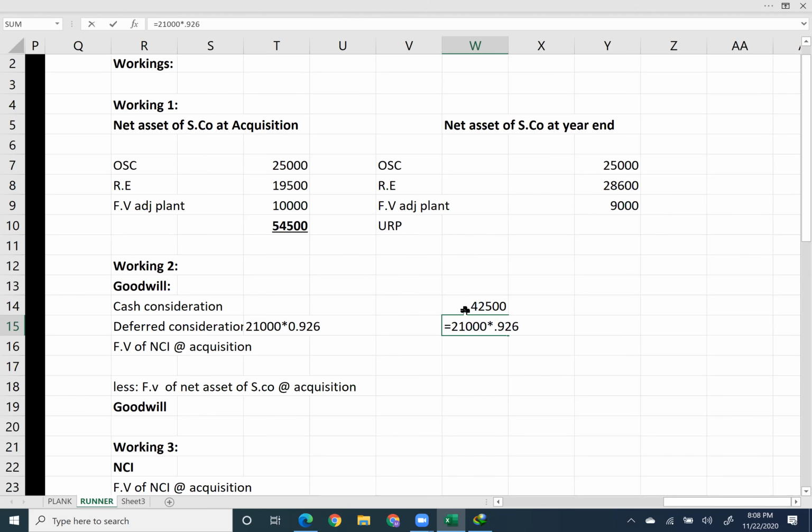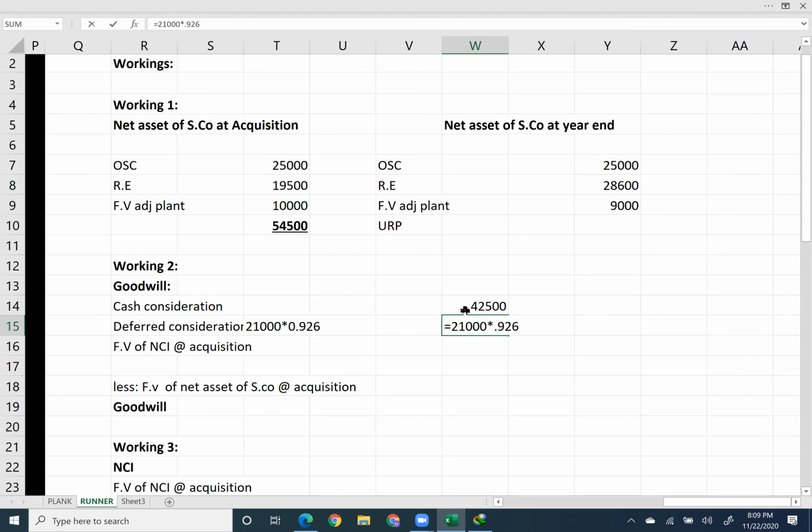Now wait, I'm going to tell you one exam technique, the reason for losing marks. You can do it in the cell. You have to write the formula of multiplication.